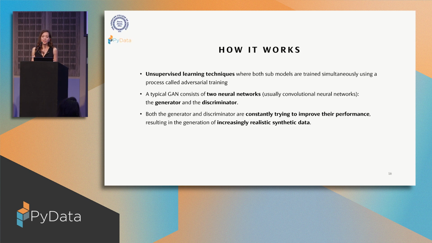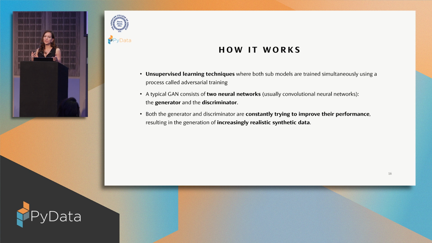So GANs are unsupervised learning techniques where you have two submodels which are trained simultaneously using a process called adversarial training. A typical vanilla GAN consists of two main components, two neural networks, usually, but not always, based on convolutional neural networks. And in this case, you have the generator and the discriminator.